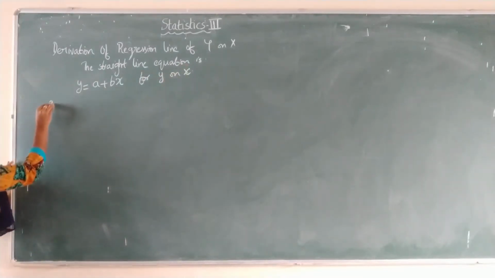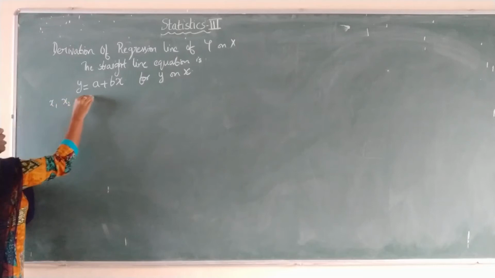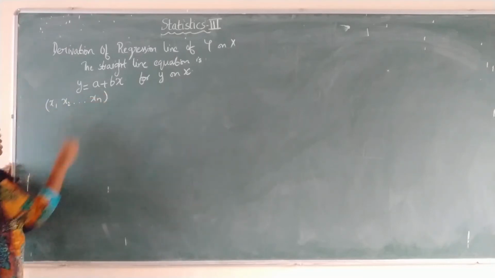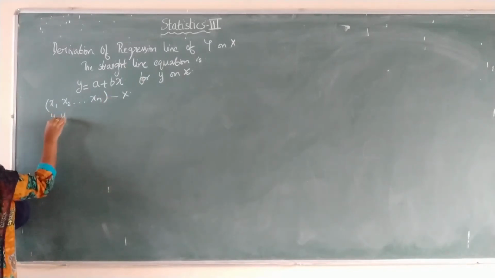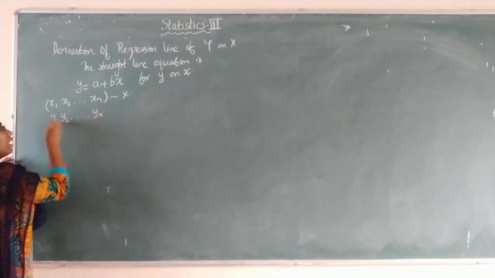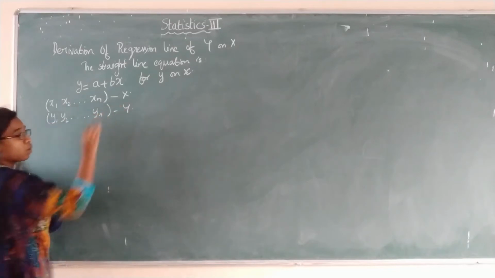Now x1, x2, and so on up to xn are the different values of x, and similarly y1, y2, and so on up to yn are the different values of y.